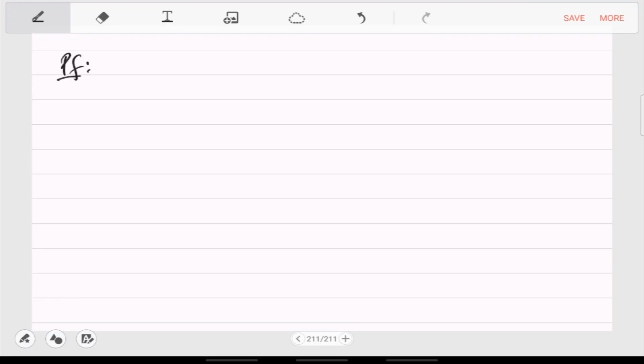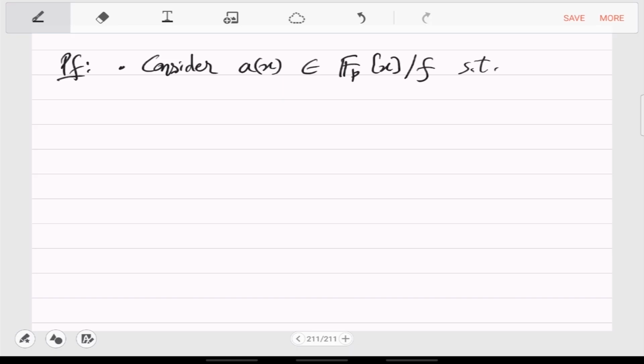So let's just write the main point. Main point here is: consider a(x) in Fp[x]/f such that a(x) is not 0 mod f, which is just saying that f(x) doesn't divide a(x).